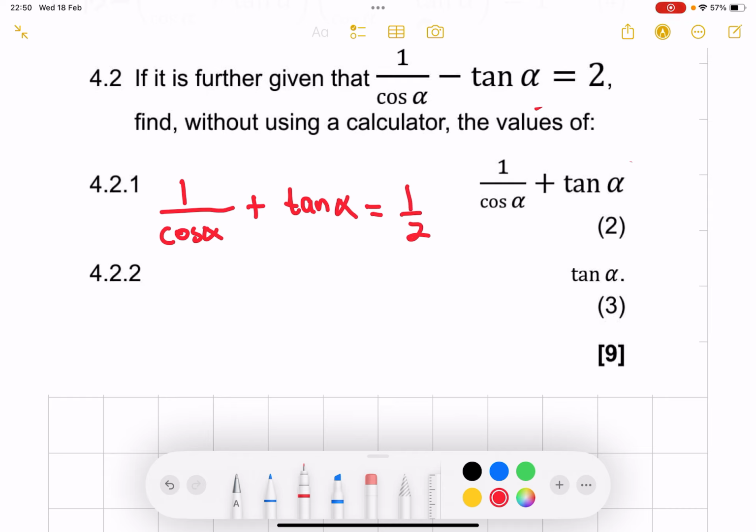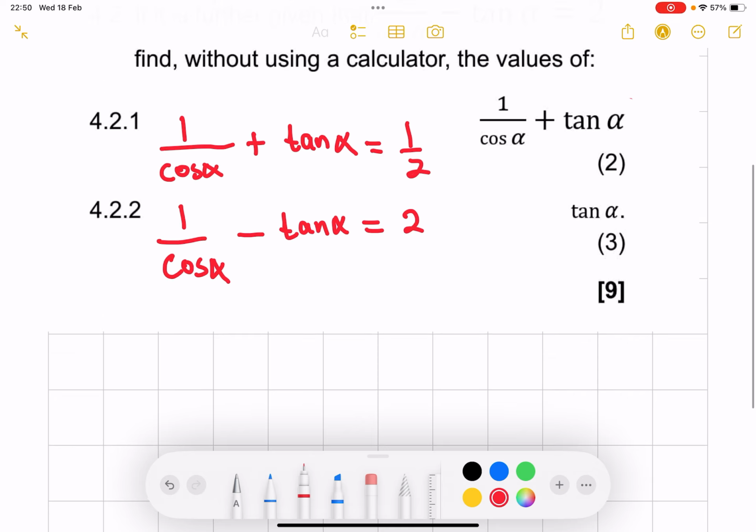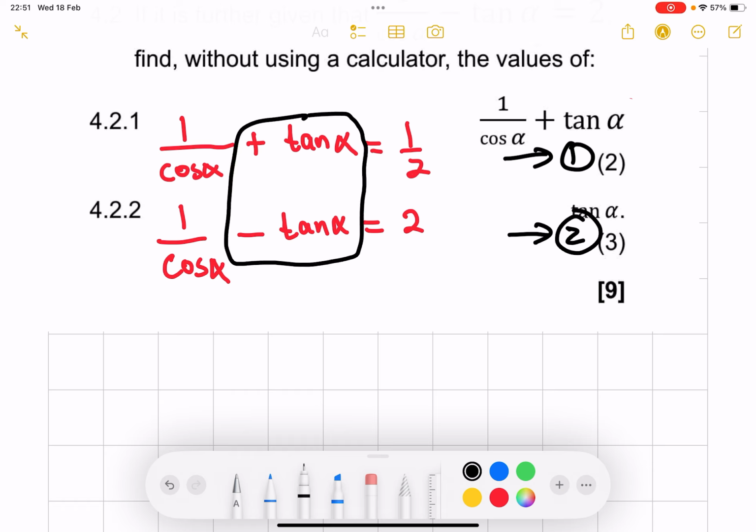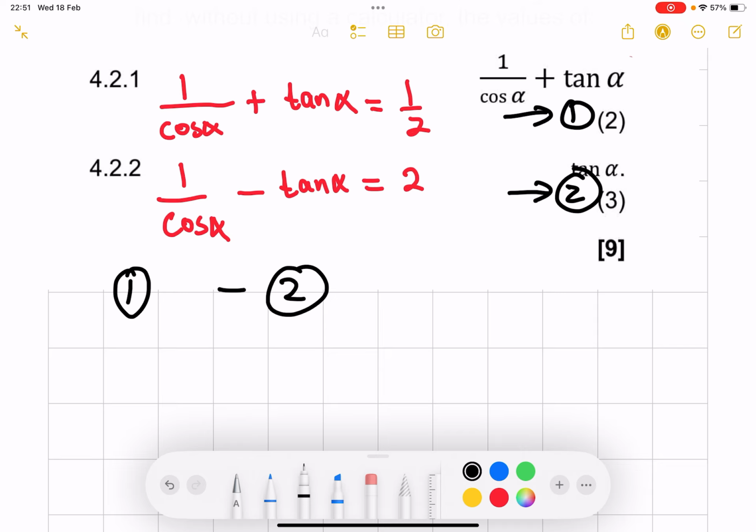And we were given that 1 over cos alpha minus tan alpha is equal to 2. And I need to make tan alpha the subject. I can see that if I were to add equation 1 and equation 2, this part would be cancelled. So I don't need it to cancel. I'd rather subtract. I'll say equation 1 minus equation 2. Let's see, what does that give us?